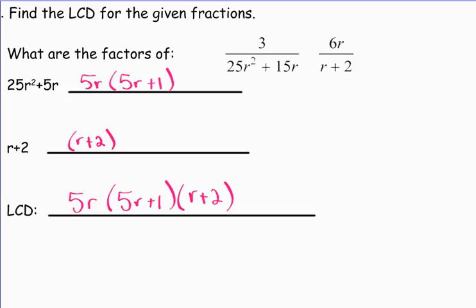Now, what happens if we have another problem? Let's look at a problem that looks like this. Negative 7 over 24x squared, and yes, you guys are going to have to write this down, and 5 over 75x.